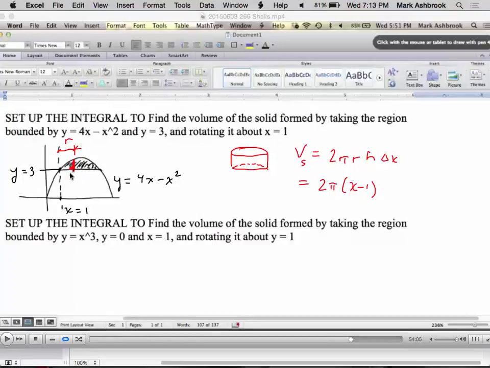Height. What's the height? So the top of the height is the y coordinate of the point. The bottom of the strip is 3, y minus 3. So then you're going to substitute in, since you're doing delta x, that y is going to be right there.